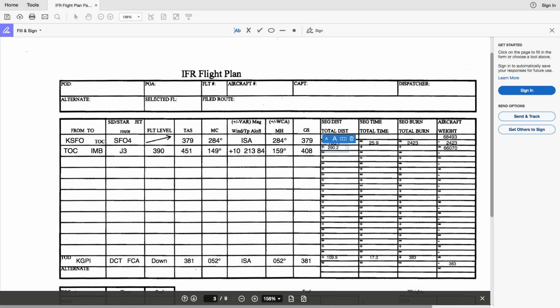Okay, our segment time. So we've got our distance of 290.2.